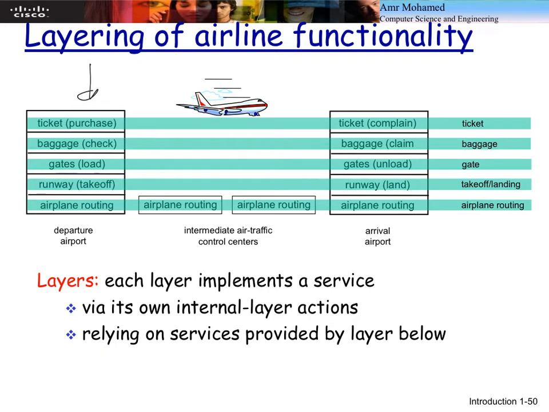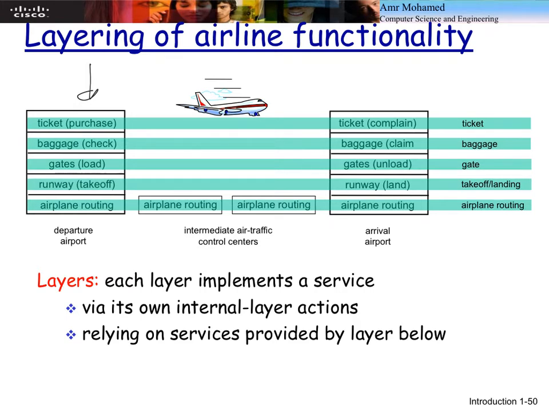So the analogy here is that imagine that someone is traveling. Someone traveling is very much similar to one packet going through the network. So now I am the packet.